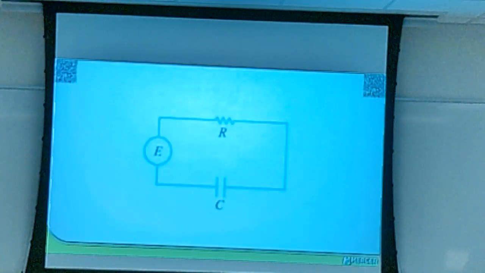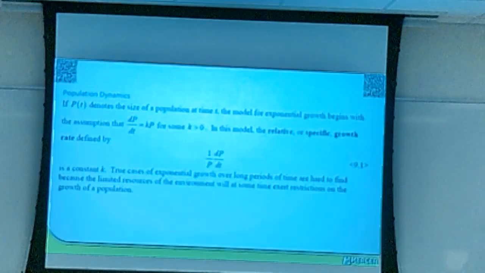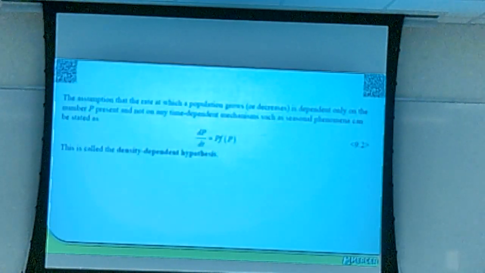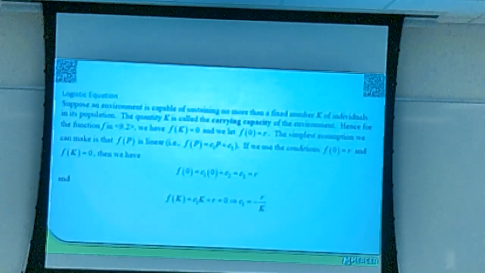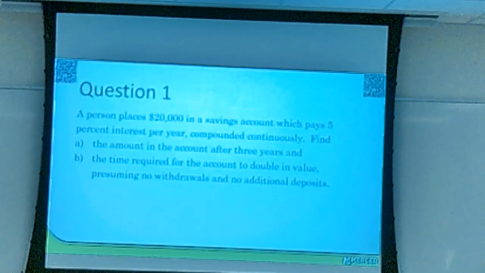When we do second orders, we'll look at LRCs. Again, you have your equations there. So read through all this at your leisure. Population dynamics. And then logistic equations. Logistic function is the solution to logistic equation.